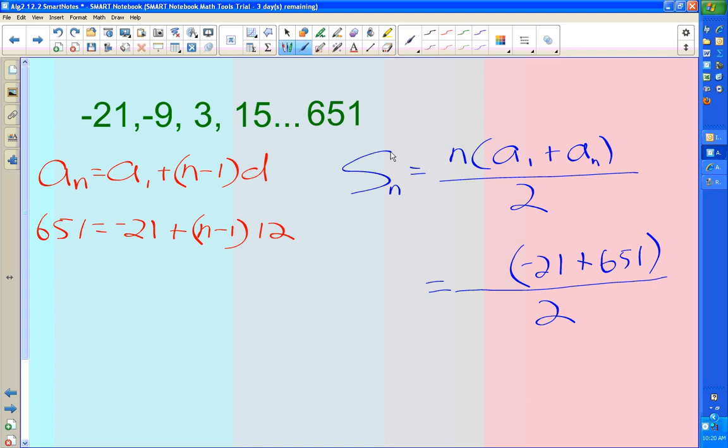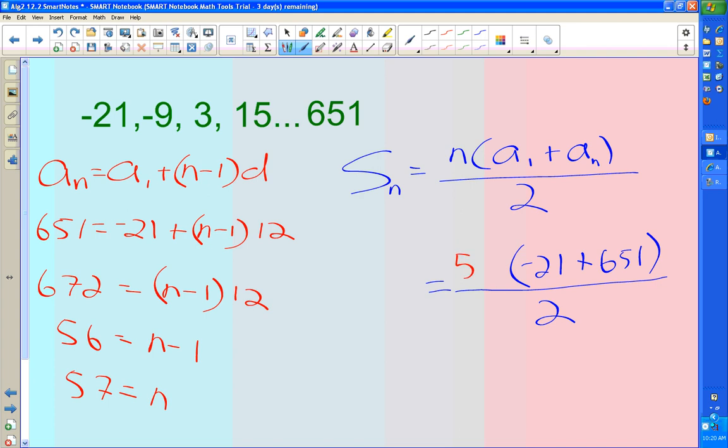So let's try again. 672 equals n minus 1 times 12. When we divide it by 12, it's 56. And when you add 1, you're going to get n is 57. That's what we're going to plug in right here.